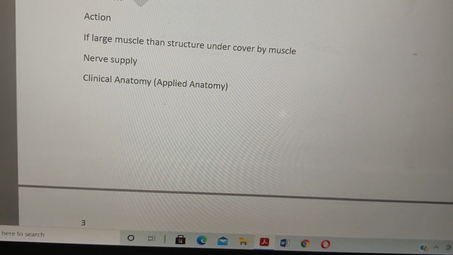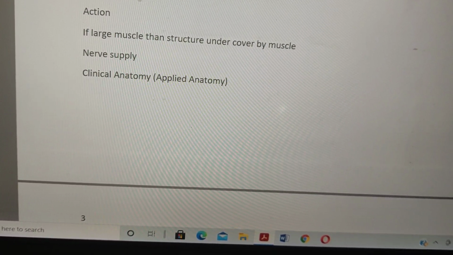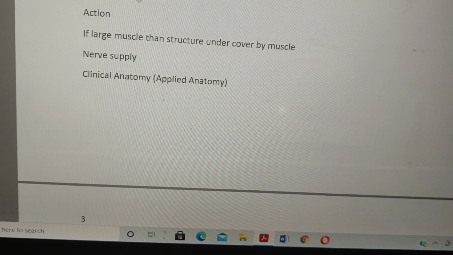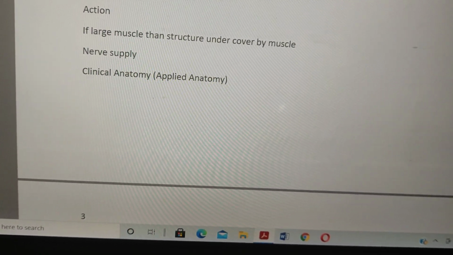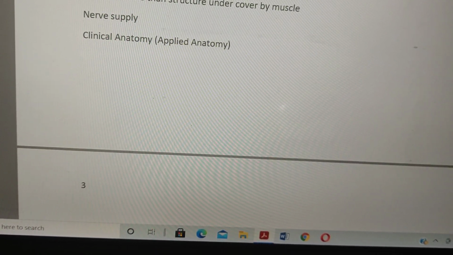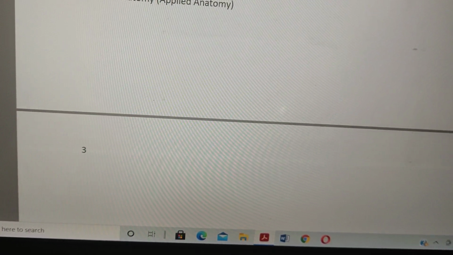Then write the nerve supply and clinical anatomy, also called applied anatomy.